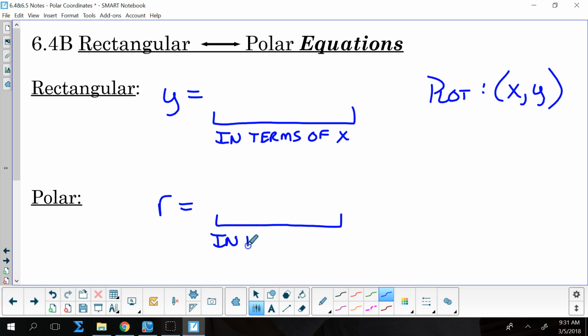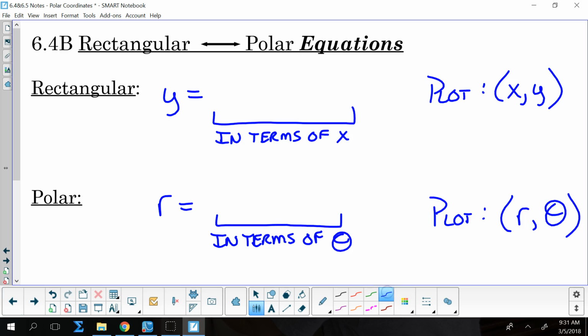Okay? Polar-wise, we look at polar equations, and we look at it as an r equals something, and that something is in terms of theta. Here, we plot points r comma theta. But here now we pick our theta, plug our theta into the equation, get out r.